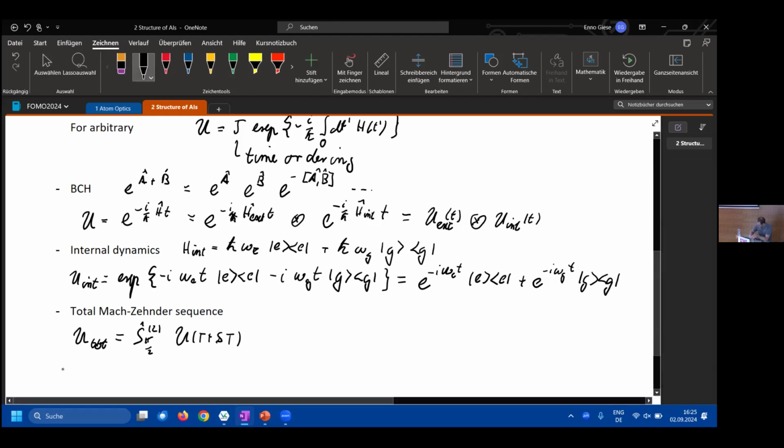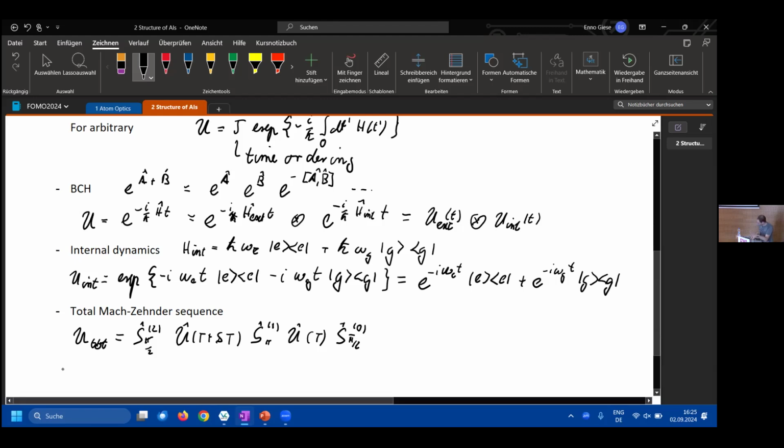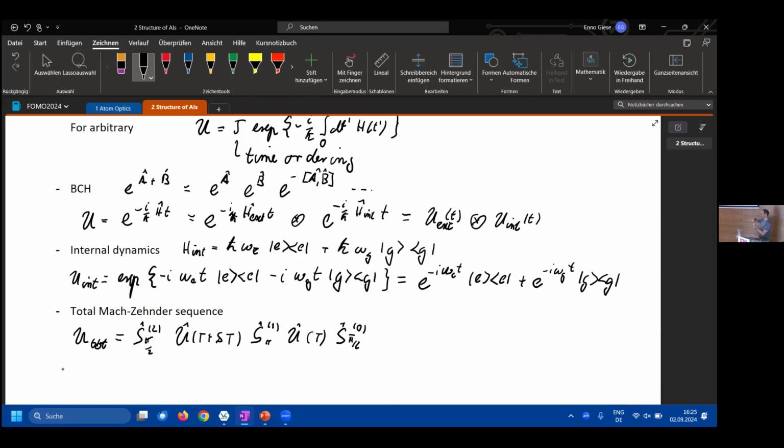Then we have a mirror pulse, index 1 or superscript 1. We have a time evolution for some time t, and we have the pi half pulse 0. In principle, we could also include time evolution afterwards, but this is common to both arms. It would drop out.